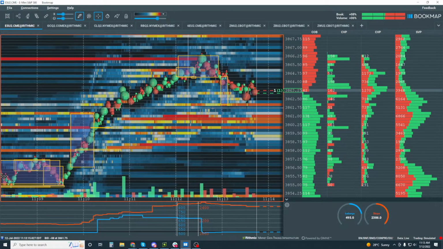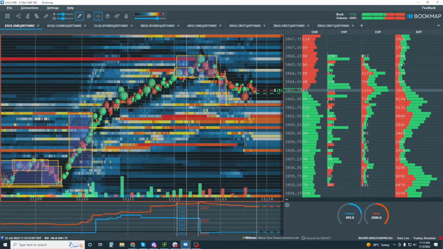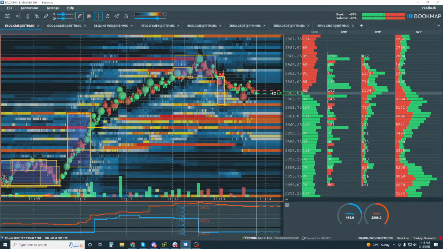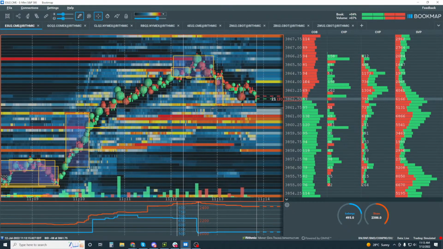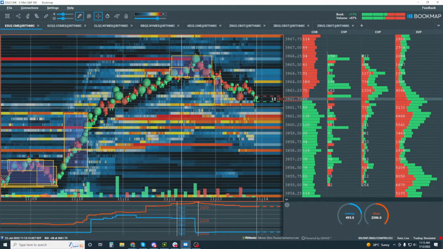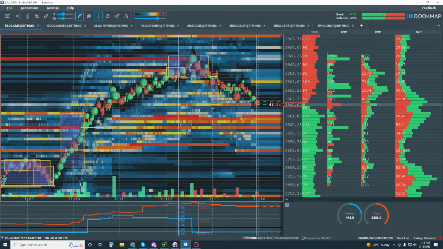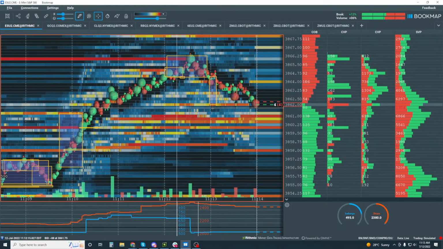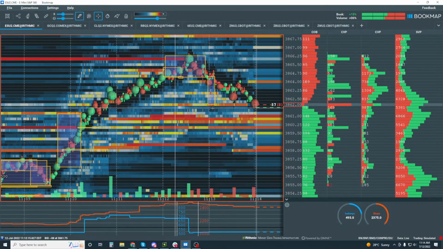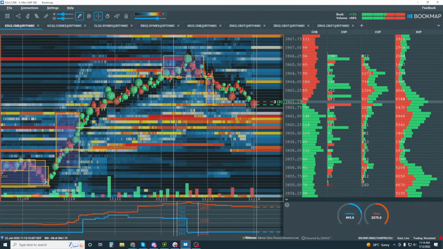Okay, should get it. Still looking for it. And hit it, sellers. There we go. And I'm looking for them to take it lower, actually. So let's see if they can.